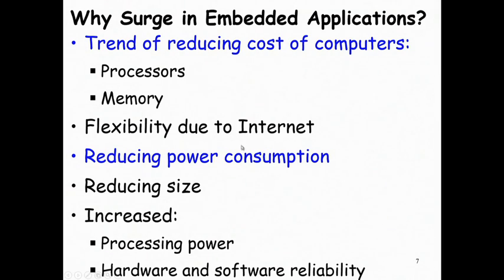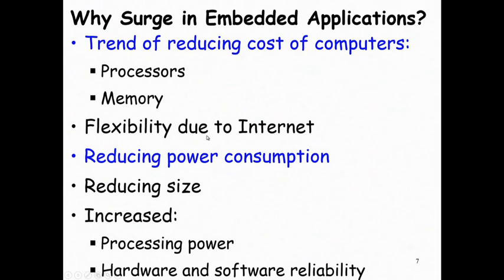And the other thing is that the power consumption has reduced. Embedded systems are typically powered by their own battery, and therefore, long battery life is important, and these systems nowadays consume very little power.